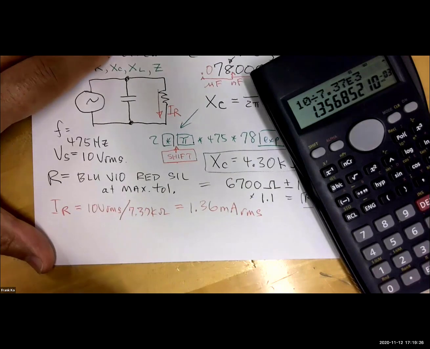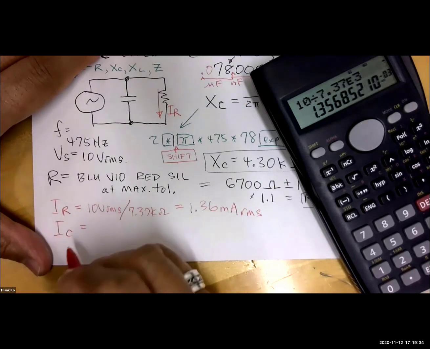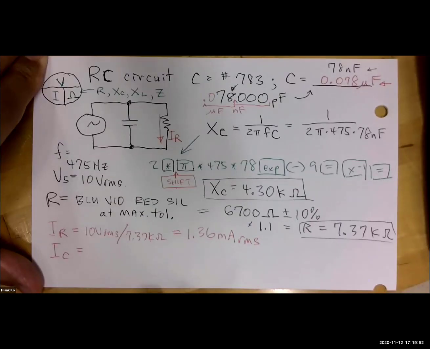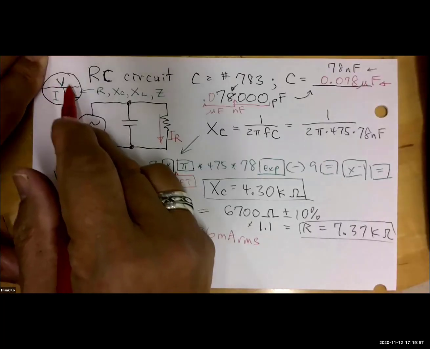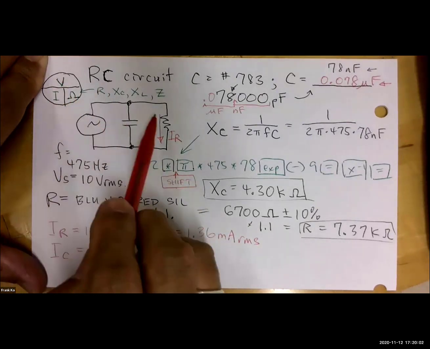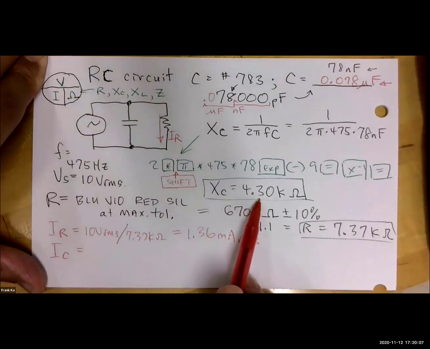So far, so good. Now, the next step is how do I find the value of IC? The question goes to Jacqueline, you're up. We would be using X sub C for our ohmic value. So V over ohms. You're correct. The I will be V over ohms, except the ohms in this case will not be the R. The ohms will be X sub C, which we calculated earlier right here.